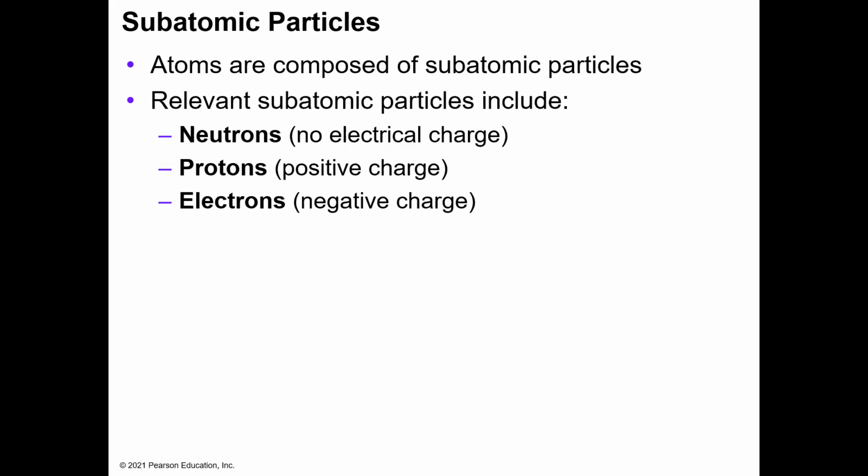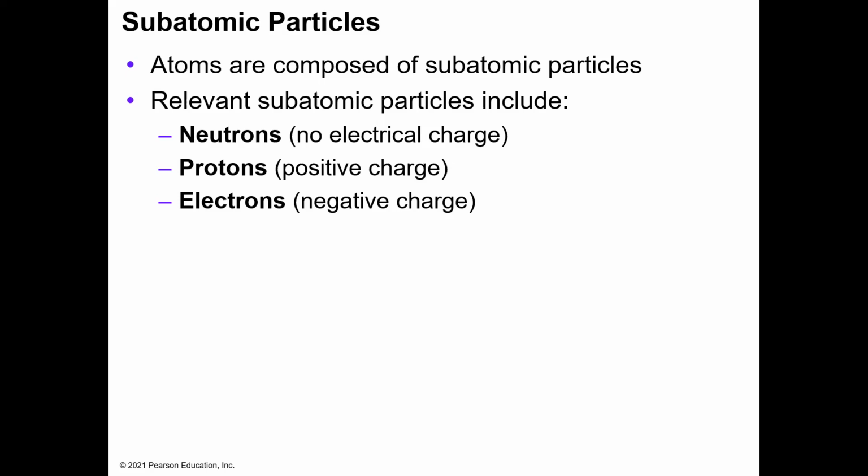These can exist on their own, but on their own, they don't have any specific characteristics. So you have to have a complete atom to have the basic unit of an element, to have the characteristics of that element. The subatomic particles of an atom are neutrons, protons, and electrons.